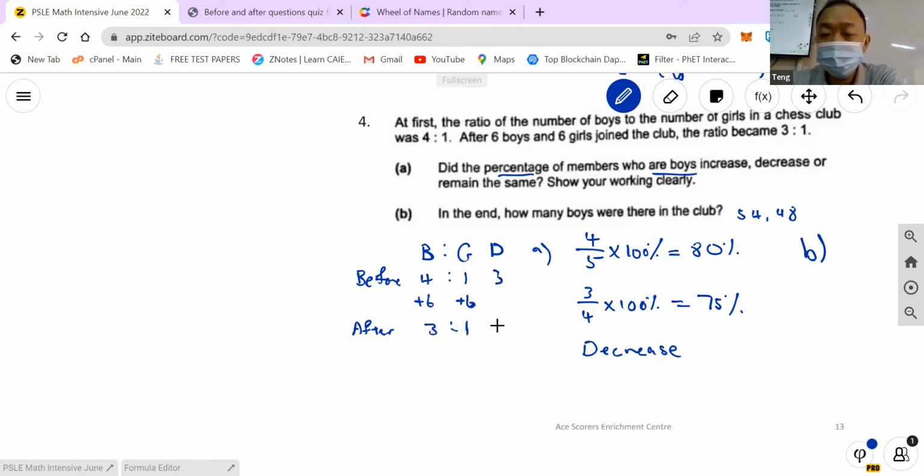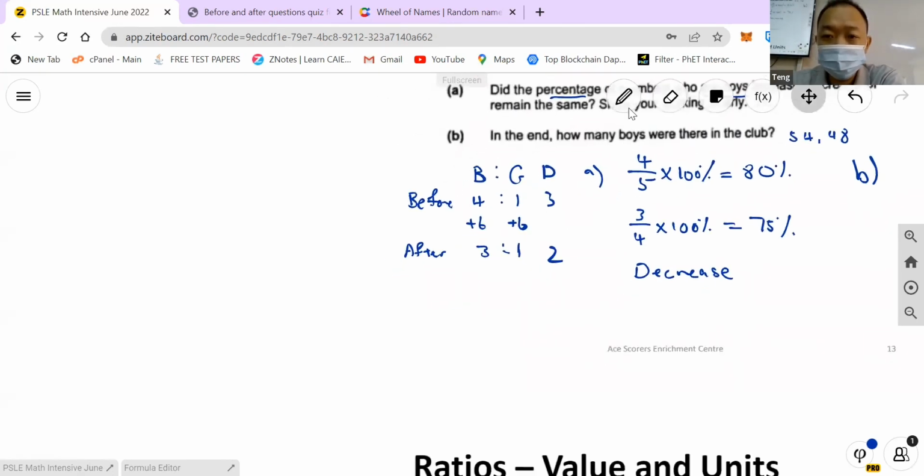And 3 minus 1, the difference is 2. I don't have enough space here, so I'm going to go at the bottom and create another table with the difference the same. So you see, this is 3 and this is 2. What is the common multiple between 3 and 2? 6.